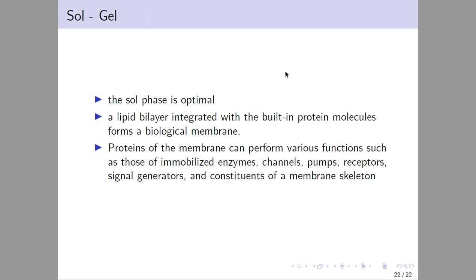Okay, so the last slide. The solution phase is optimal. A lipid bilayer integrated with built-in protein molecules forms a biological membrane. So this lipid bilayer or lamella, with the built-in protein molecules, forms a membrane.